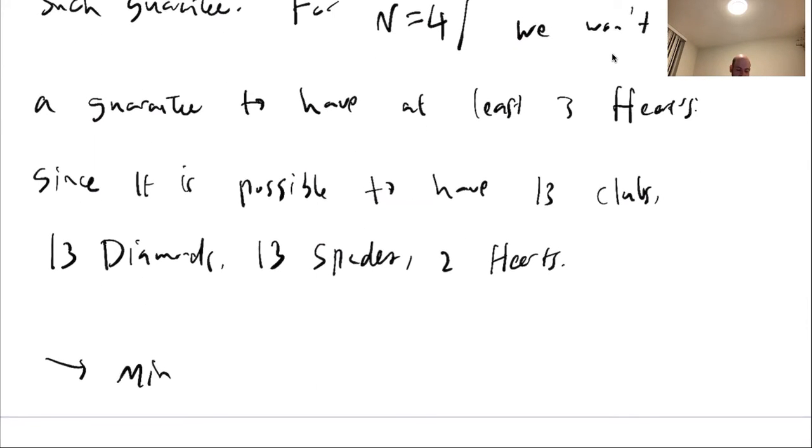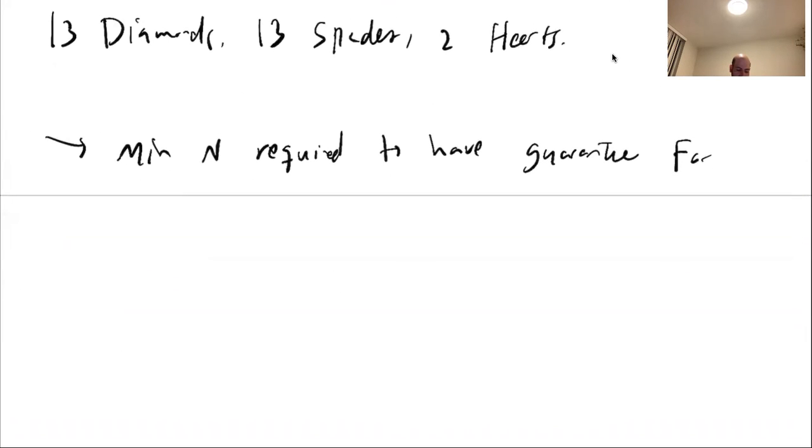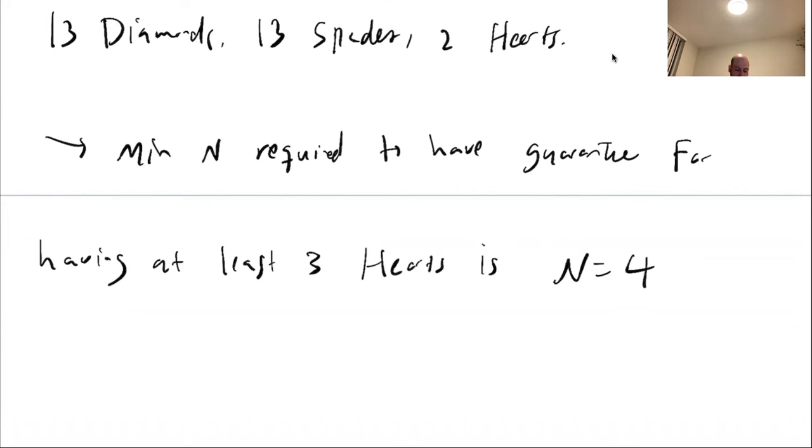So the minimum n required to have a guarantee for having at least 3 hearts is n equals 42.